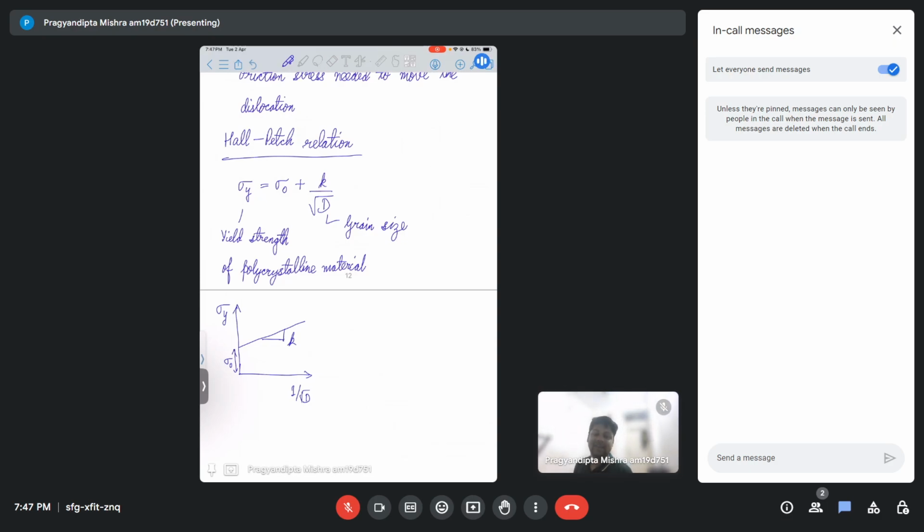So what does Hall-Petch theory exactly say? It postulates that dislocations can burst through the grain boundary.